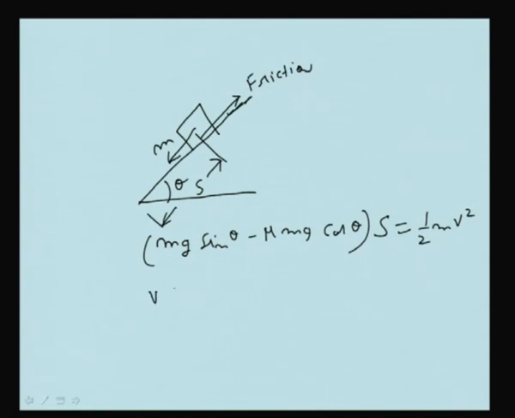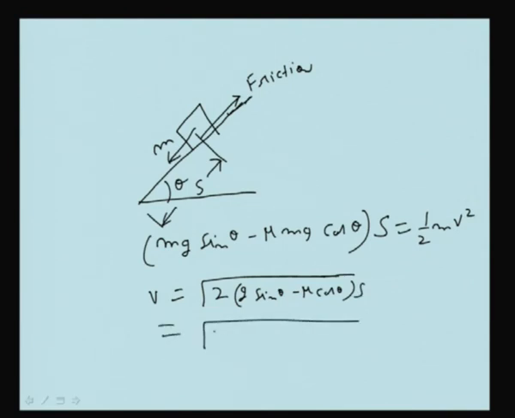Therefore, V is equal to the square root of 2g (sin theta minus mu cos theta) S, which can be written as 2gh minus 2 mu h cot theta, where h is this height. So, due to friction, the velocity will decrease.